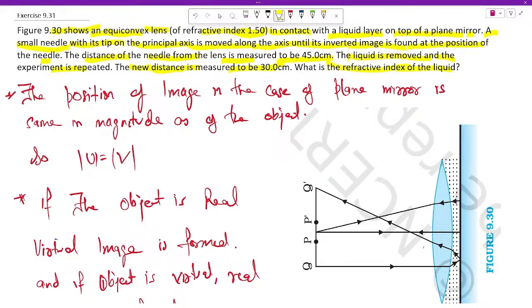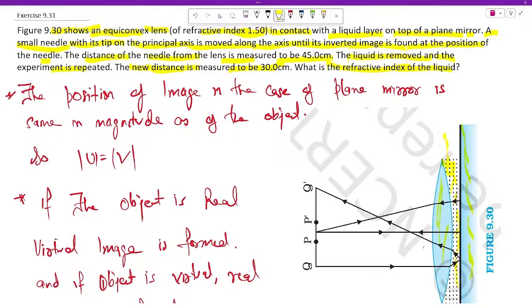So in this arrangement, there is a lens and there is a liquid layer, and this is a plane mirror. Now there are two cases. In one case, there is a liquid layer of some refractive index that is unknown, and we have to find out that refractive index. And in another case, the liquid layer is not present.